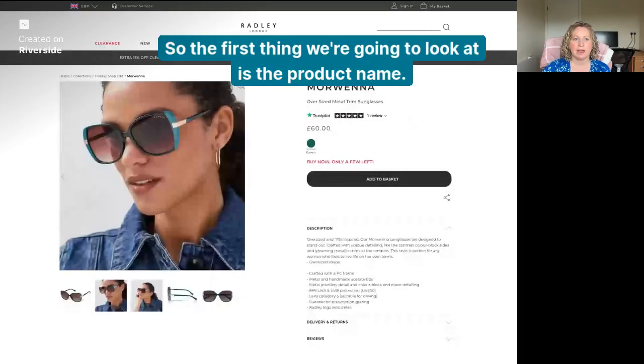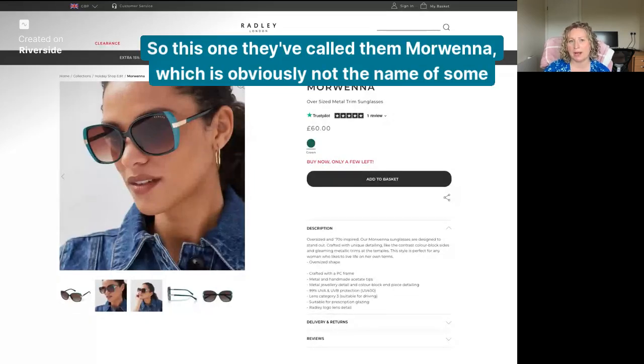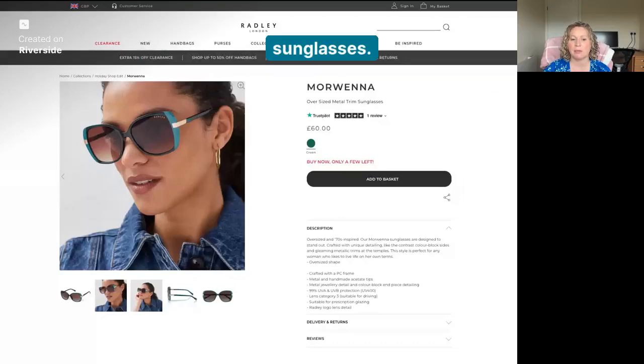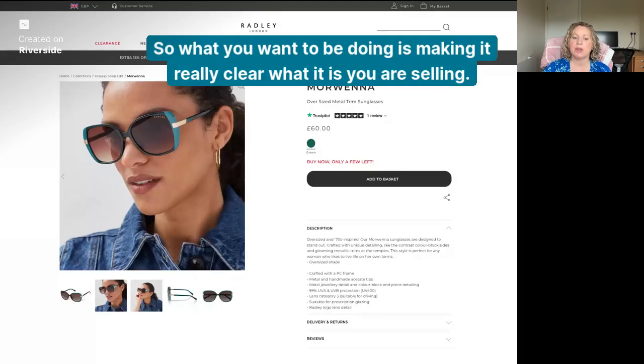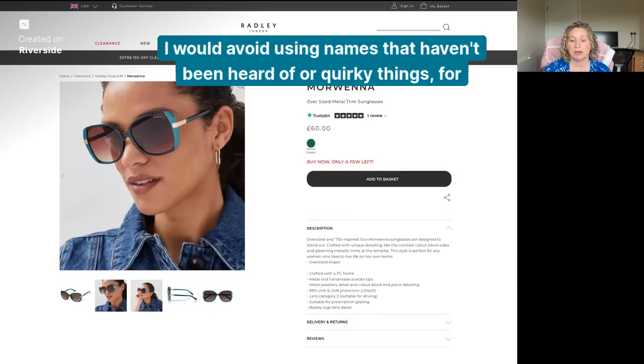So the first thing we're going to look at is the product name. So this one they've called them Morwenna, which is obviously not the name of some sunglasses, but here they've put oversized metal trim sunglasses. So what you want to be doing is making it really clear what it is you are selling. I would avoid using names that haven't been heard of or quirky things.